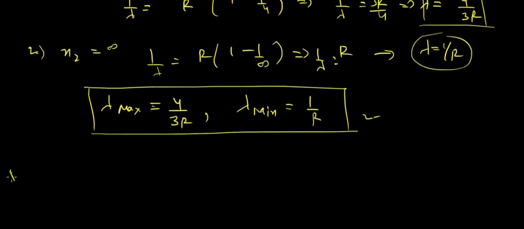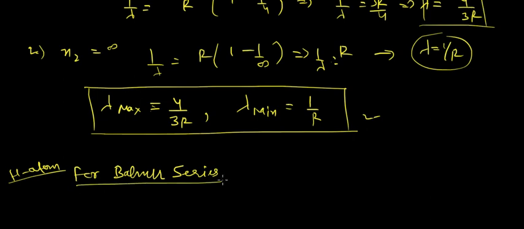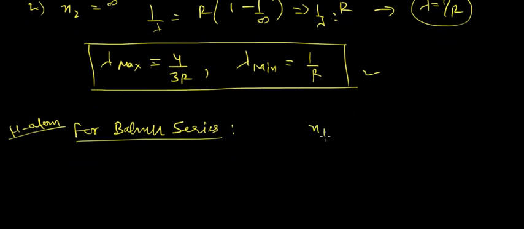Now let's see the Balmer series for the same hydrogen atom. For the Balmer series we have n1 as 2.